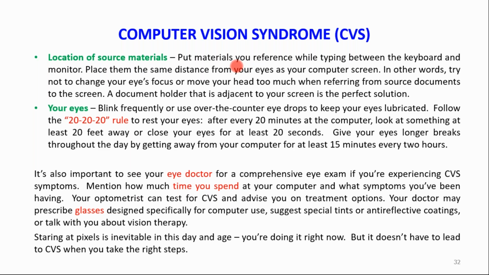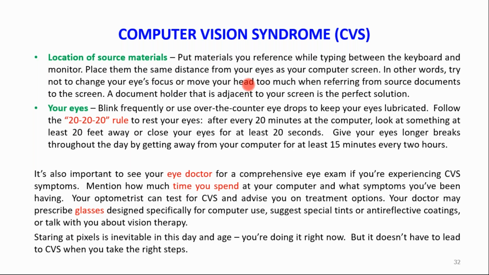So that focusing and refocusing activity should be fast, which will reduce the strain on your eyes as compared to other practices. Place them the same distance from your eyes as your computer screen. In other words, try not to change your eye focus or move your head too much when referring to the source documents.